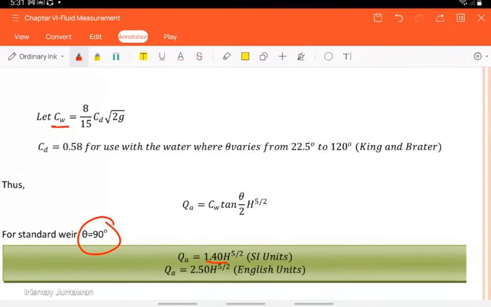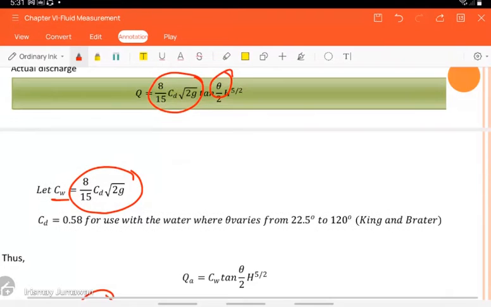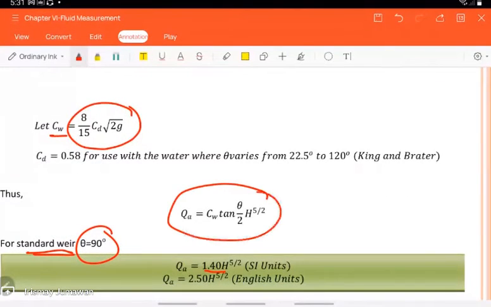So that is the formula if you have a standard weir, which is theta, or the vertex angle is equal to 90 degrees. Again, from this formula, we consider the CW as 8 over 15 CD square root of 2g. So this is now the formula for your triangular weir. So if you have theta is 90 degrees, you have to use this one.